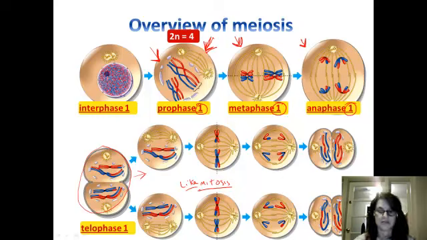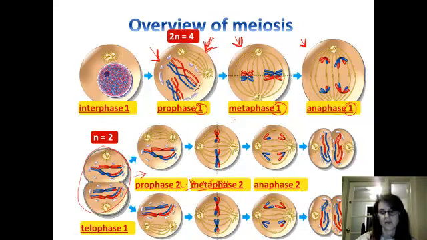It's not mitosis, but it is going to look like that, because from here on out we're going to separate chromatids just like we did in mitosis. So what we will see here is a repetition of the PMAT, prophase, metaphase, anaphase, telophase, but now our goal is just to separate chromatids instead of chromosomes.